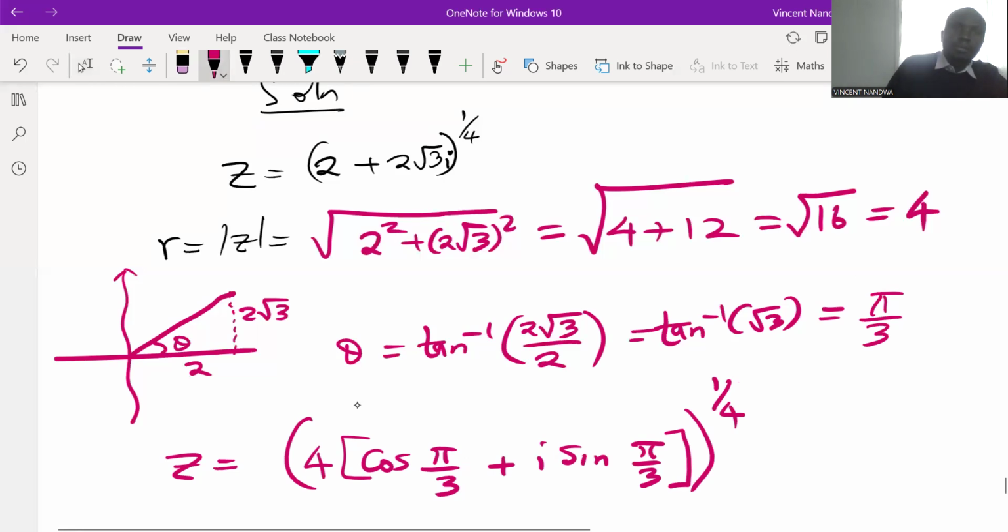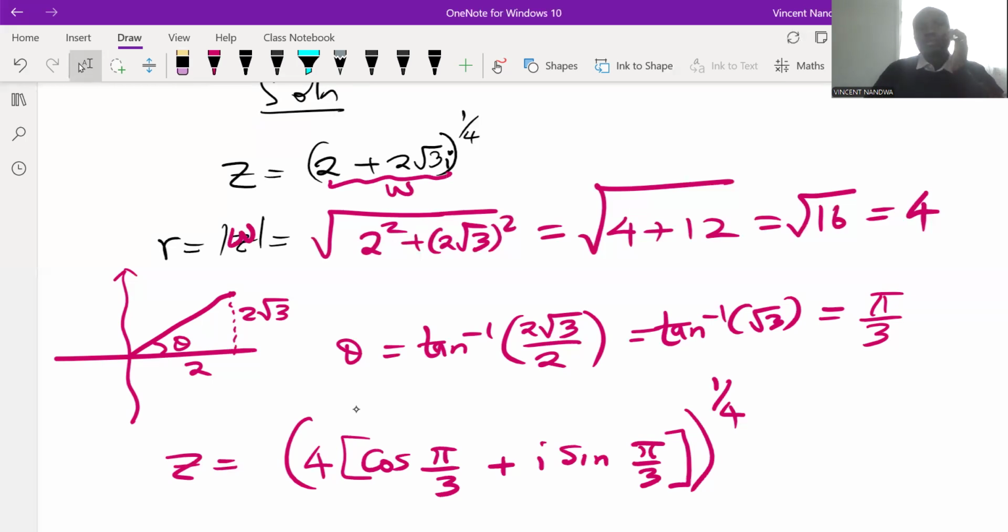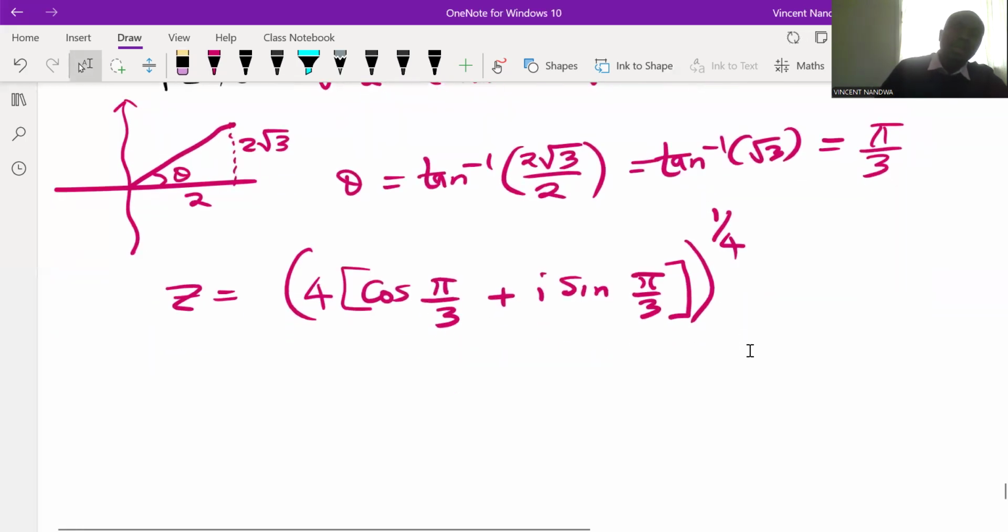So let's call this number, just for notation, W. So the modulus of W is 4, then theta is pi over 3.